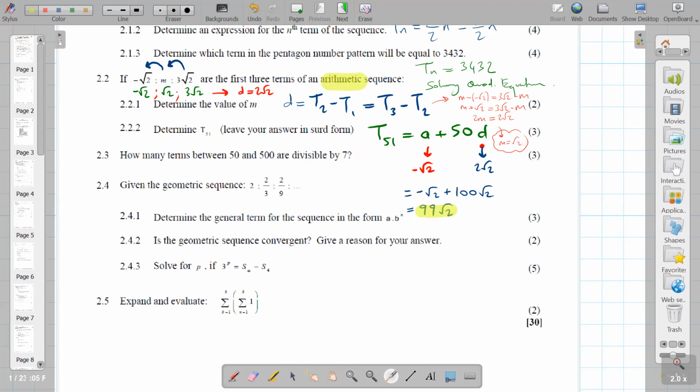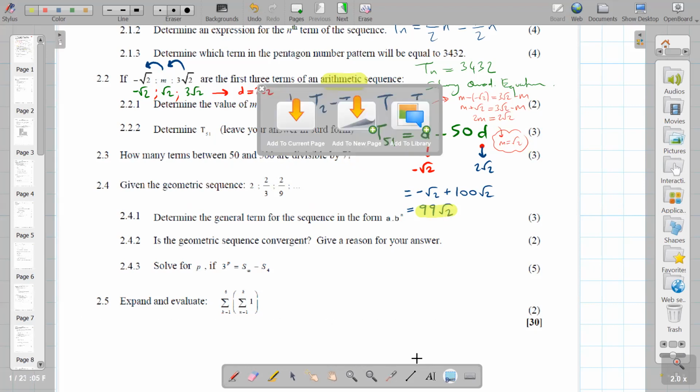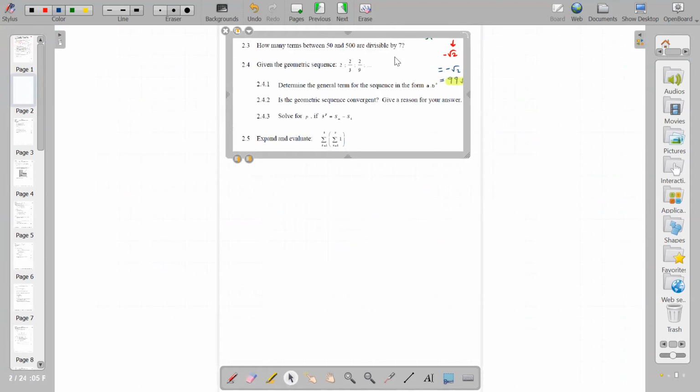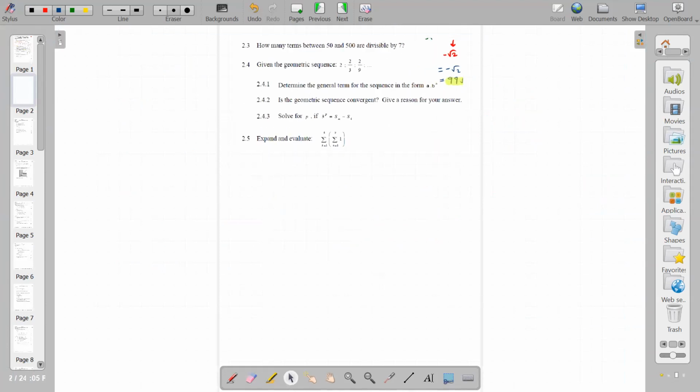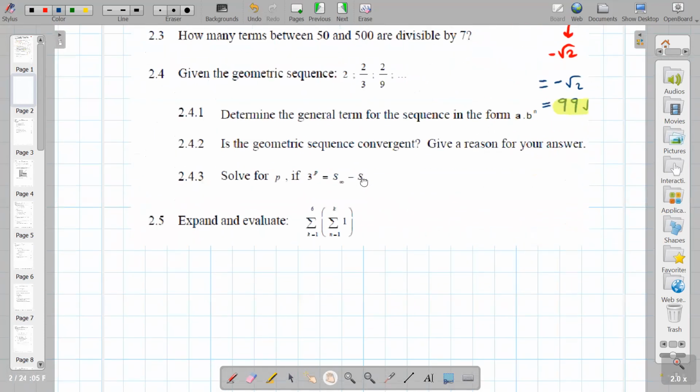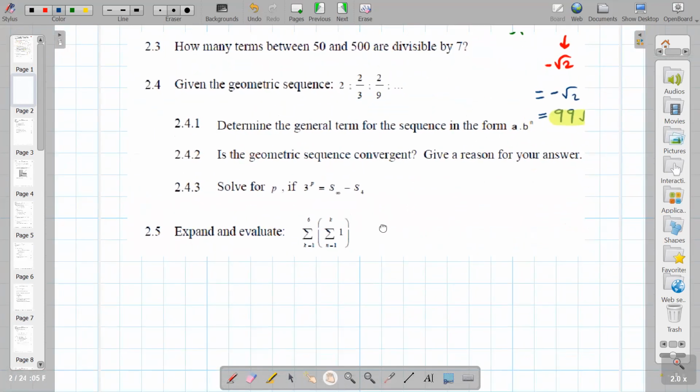Let me take this to another page so we can be safer in terms of operations. Don't worry about the things written on the right. Now, how many terms divisible by 7 are there between 50 and 500?